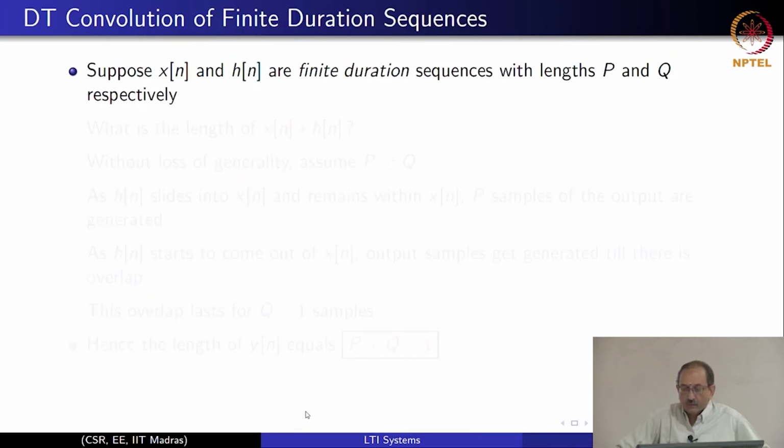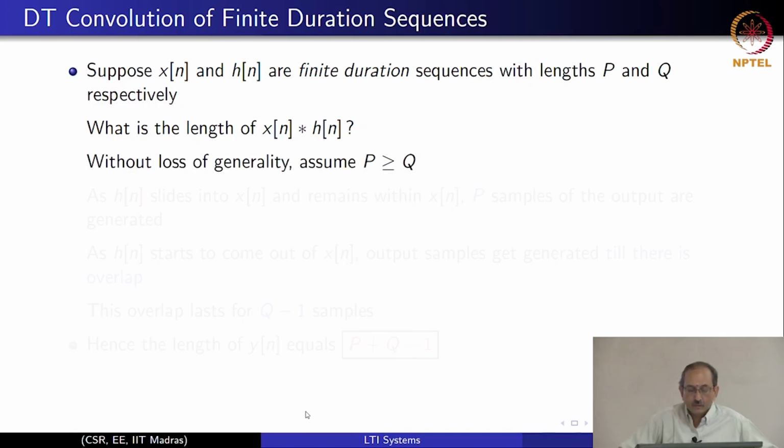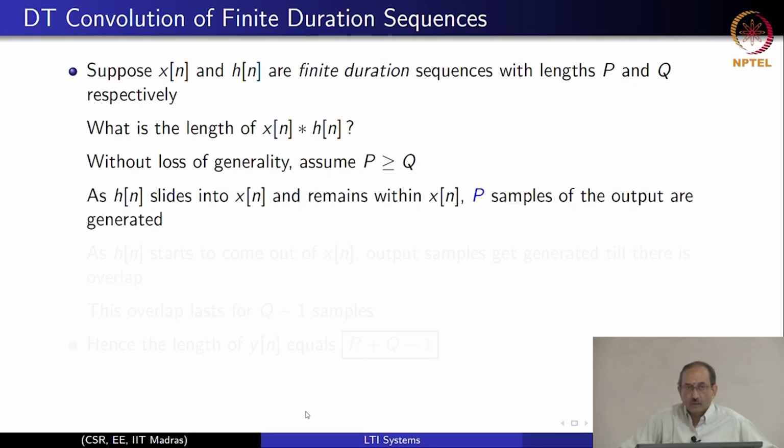If there are two sequences x of n and h of n which are of finite duration, with lengths p and q, then the length of the convolution of these two sequences is easily determined. Without loss of generality you can assume p is greater than or equal to q. As h of n slides into x of n and remains within x of n, p samples of the output are generated.